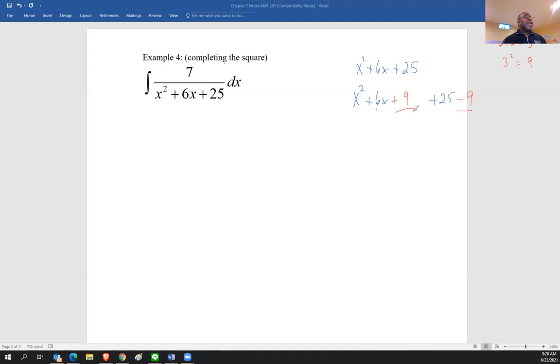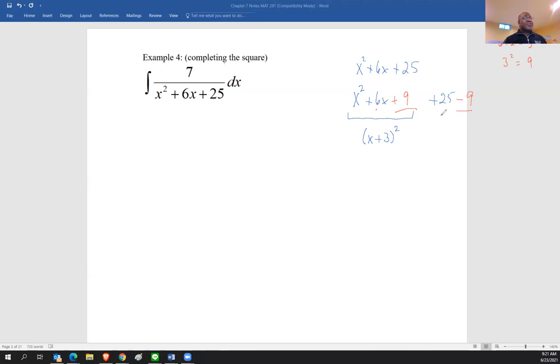So now looking at the trinomial part here, x squared plus 6x plus 9, it should be pretty easy to see that that's going to factor to give us x plus 3 quantity squared. Of course, that's why it's called completing the square, because we get something squared when we factor it out.